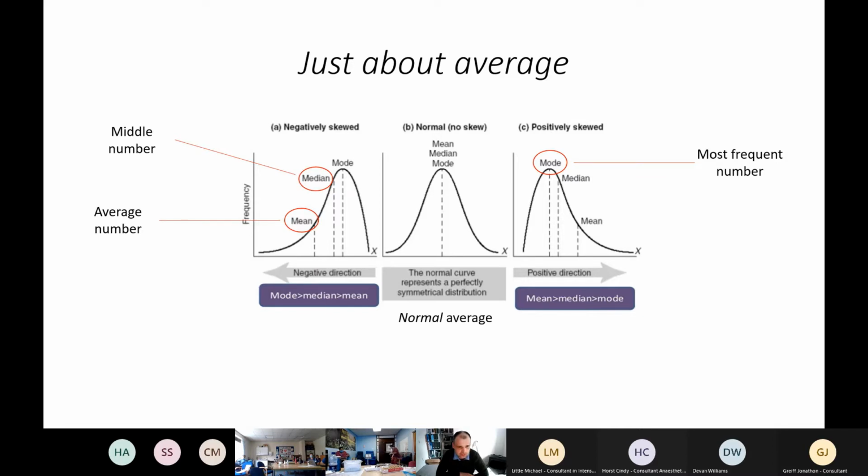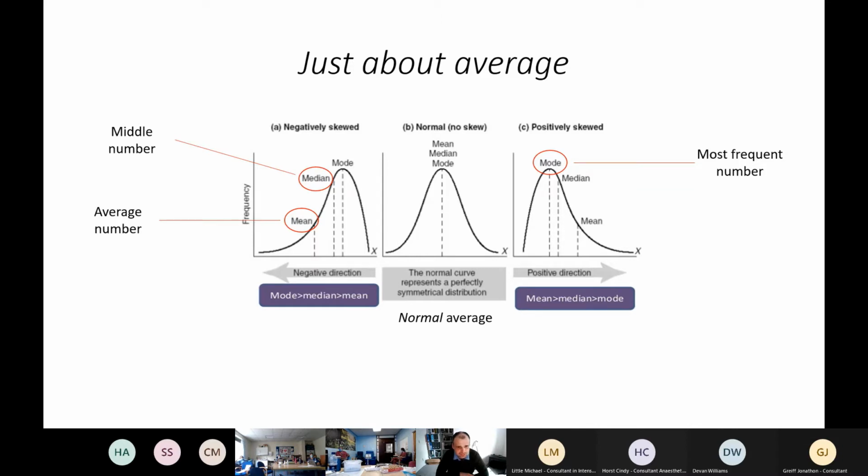So the nice bell-shaped curve where the mean, the parametric average, the median, the middle number of a series of numbers, and the mode, the most frequent number in a series of numbers, are all the same. That's the kind of stats that people learn about quite early on, and it's the kind of stats that people like because the models and tests work very well for it.